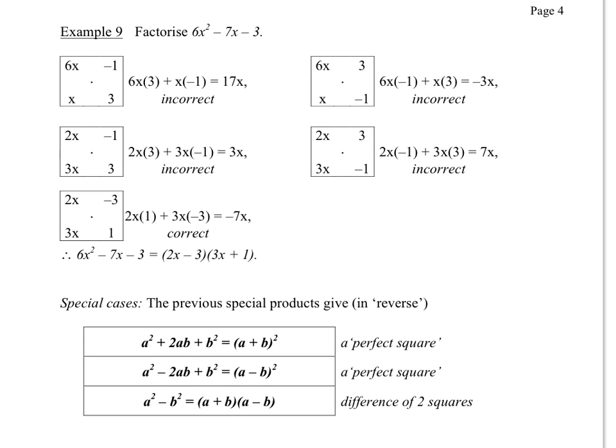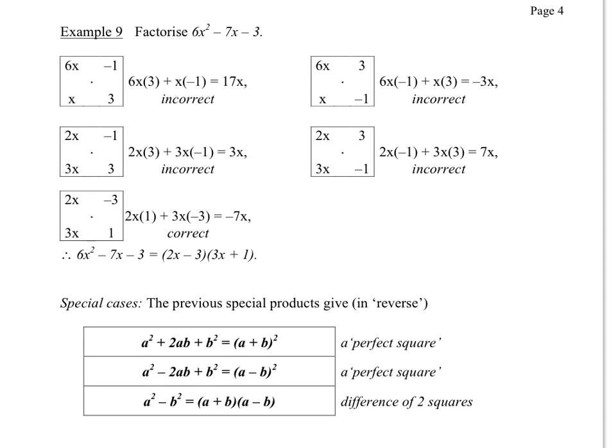Now on page 4 there's a slightly more difficult one because there's more than one thing that can multiply together to give you 6x. So we've got trials of 6x and x, we've also got trials of 2x and 3x, and over here are all the different ways that you could multiply numbers to get negative 3. So in this example here, you're trying 6x minus 1 times x plus 3.